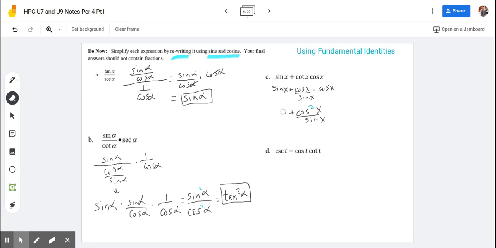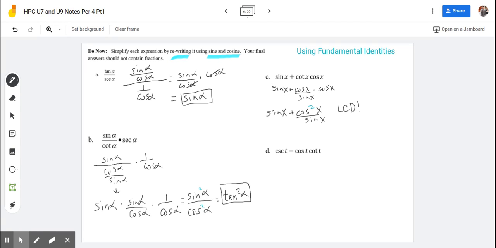So still sine x. And we have to get an LCD, right? And then eventually combine our like terms.